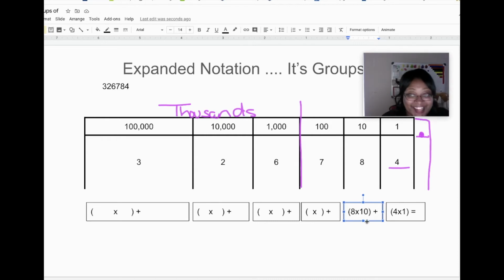Got it? Got it? All right, so how many groups? We have 7 groups of what? 100. Awesome. 7 groups of 100. See if I can get this all in one line.